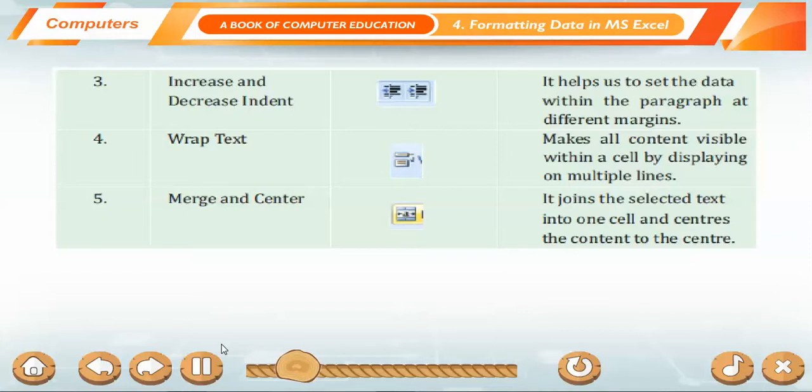It helps us to set the data within the paragraph at different margins. Wrap text. Makes all content visible within a cell by displaying on multiple lines. Merge and center. It joins the selected text into one cell and centers the content to the center.